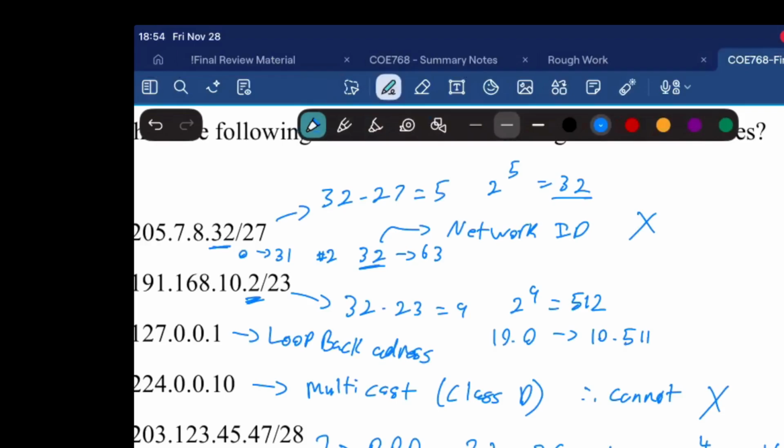Therefore, the ranges that we would get would be 0 going up to 15, 16 going up to 31, and then the next range would be 32 going up to 47. So you would add those 16 values within these ranges, and you see that since 47 appears, and that is the last value assigned to the host portion, this would be the broadcast IP address.